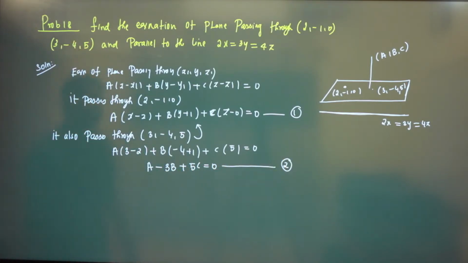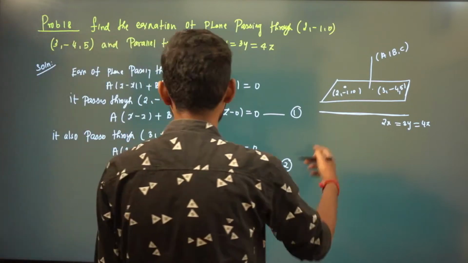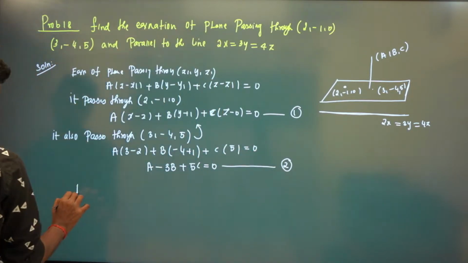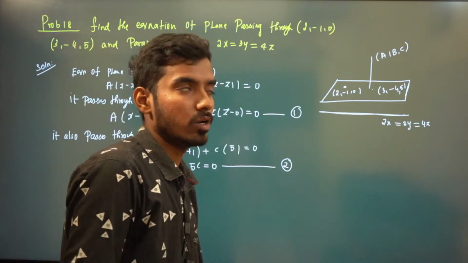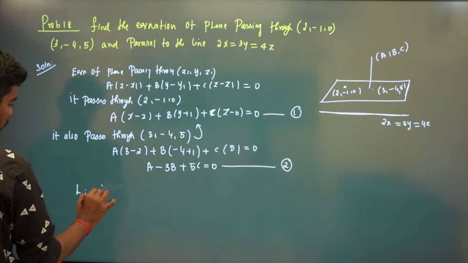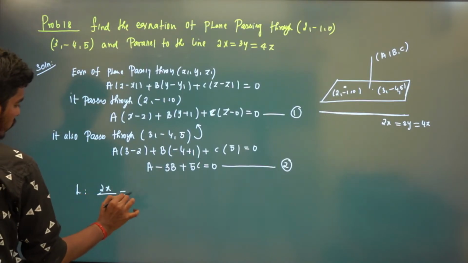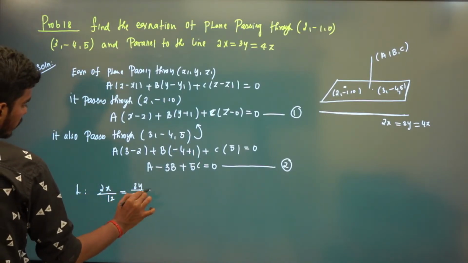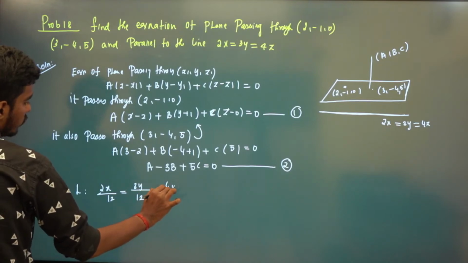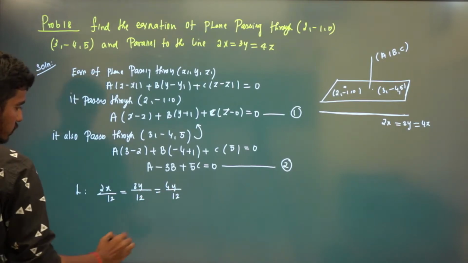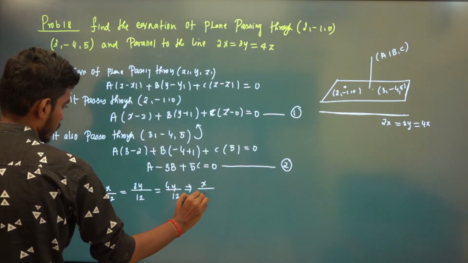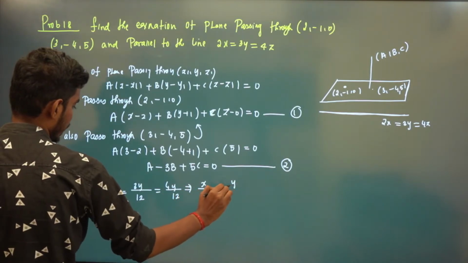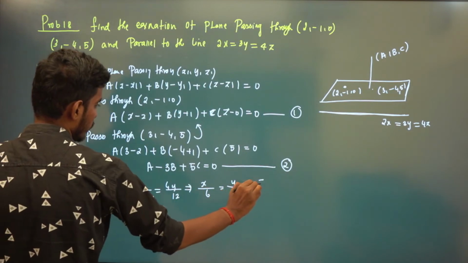Right? Now, what is the equation of line L? The line L is given by, so let us take LCM for 2, 3, 4. It will be 12. So divide everything by 12. So 2x by 12, 3y by 12, 4z by 12. So that means the given line is x by 6, y by 4, z by 3.